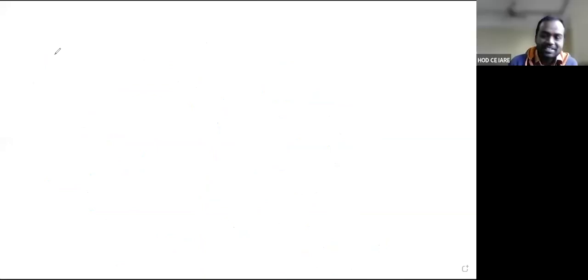సో ఇక్కడ మనకి, let f of x is equal to fifth root of 245, or we can write f of x is equal to x to the power of 1/5. సో మనకి 245 కి దగ్గరలో ఉన్న ఇంటర్వెల్స్ తీసేసుకుంటున్నాను.